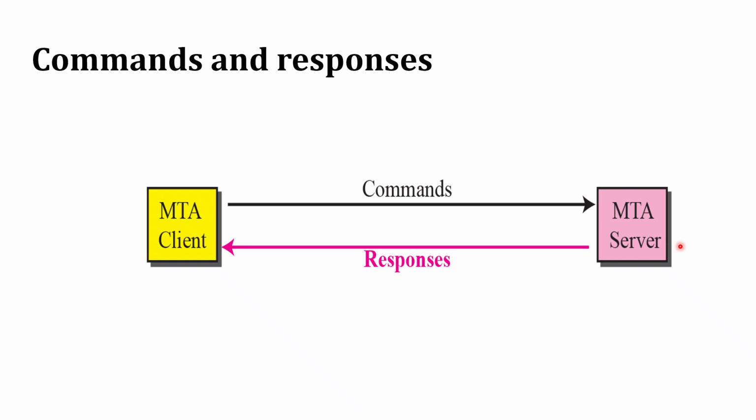The MTA server responds with a status code confirming whether the command was successful or if an error occurred. This command response mechanism ensures that messages are reliably transferred between servers, providing a clear and organized flow of communication in the email delivery process.